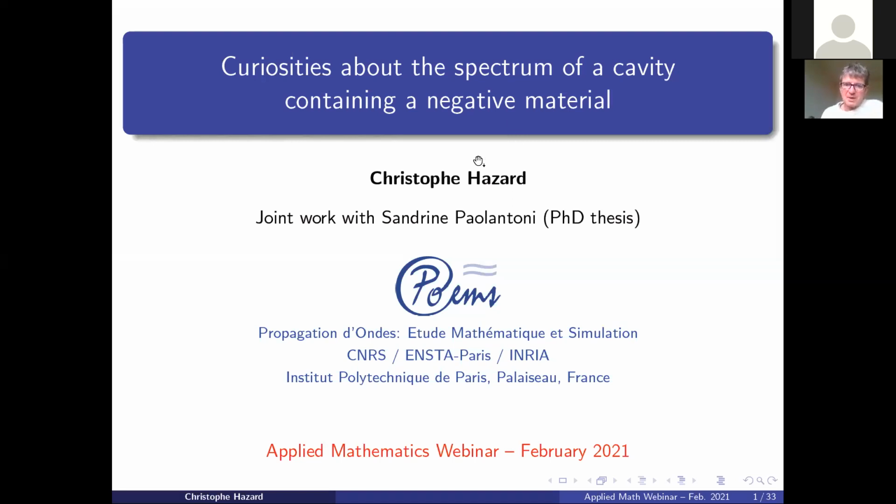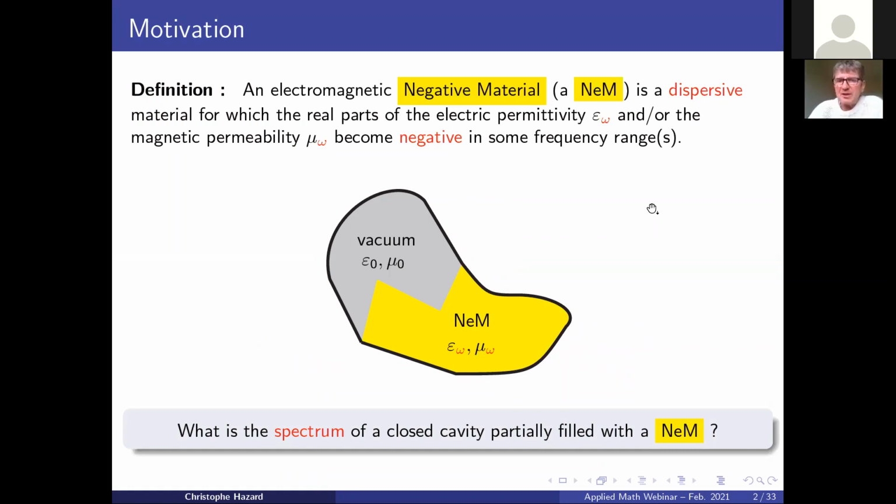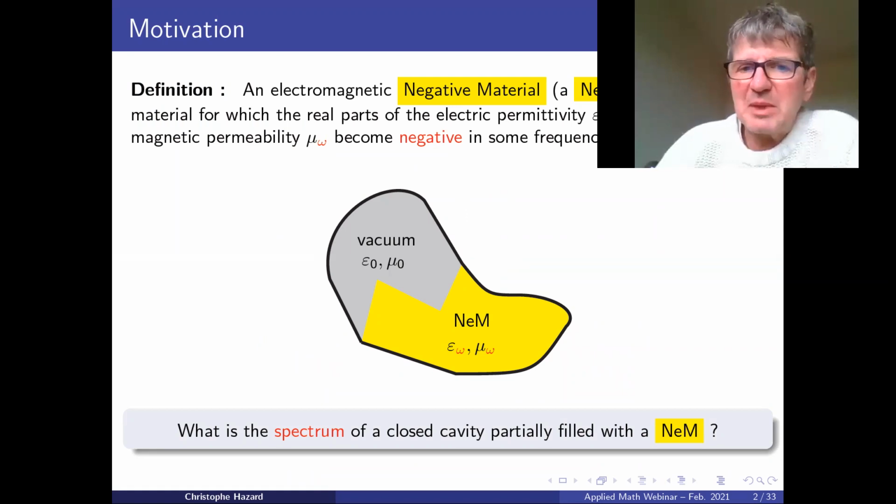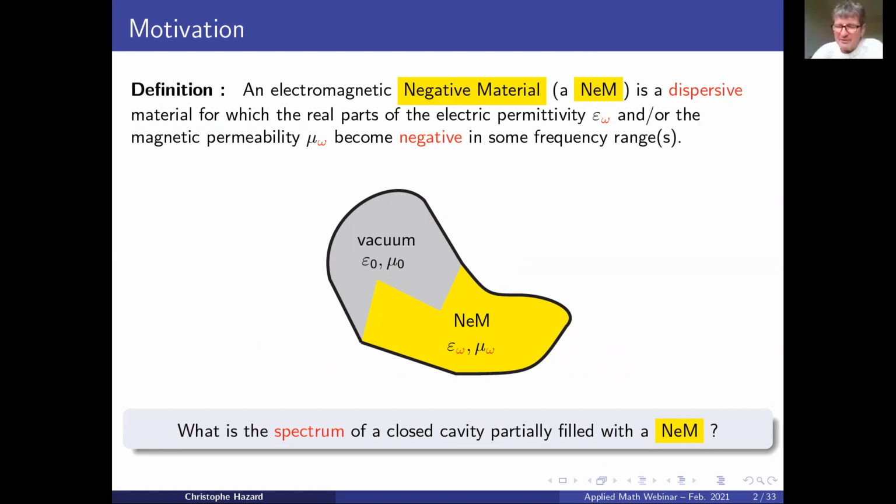So, what is a negative material? This notion appeared in the context of electromagnetism. And in general, we call a negative material a material for which the electric permittivity, or at least the real part of the electric permittivity, or the magnetic permeability, mu, or at least its real part, or both quantities become negative.